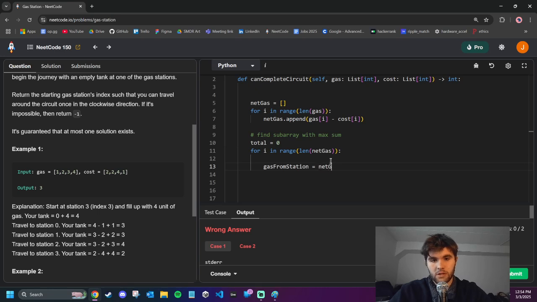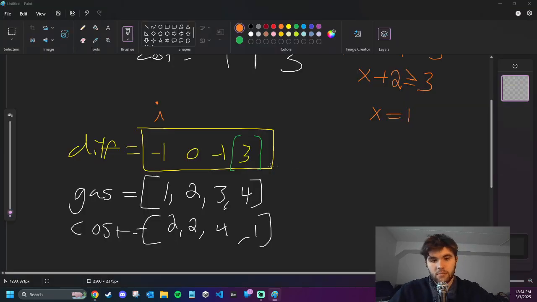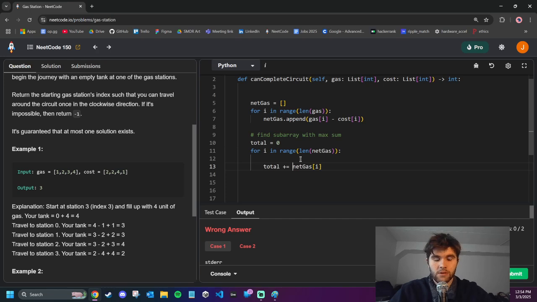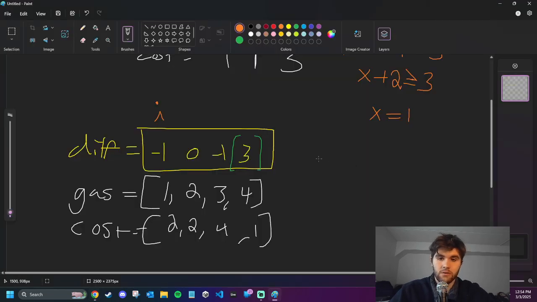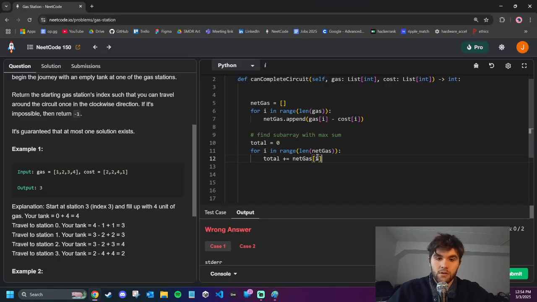Is net gas of I. So we don't need that to be a variable. So we'll say total plus equals this. So total is going to be equal this.